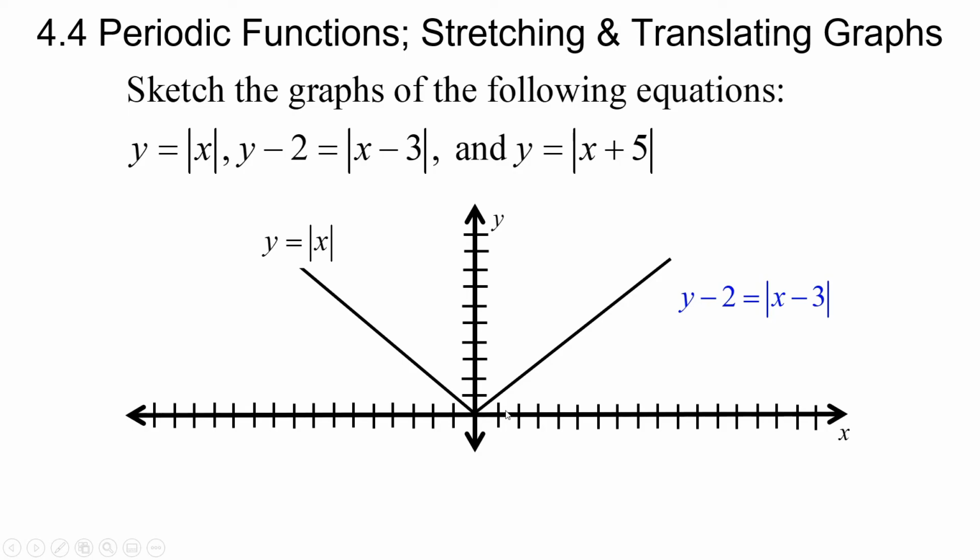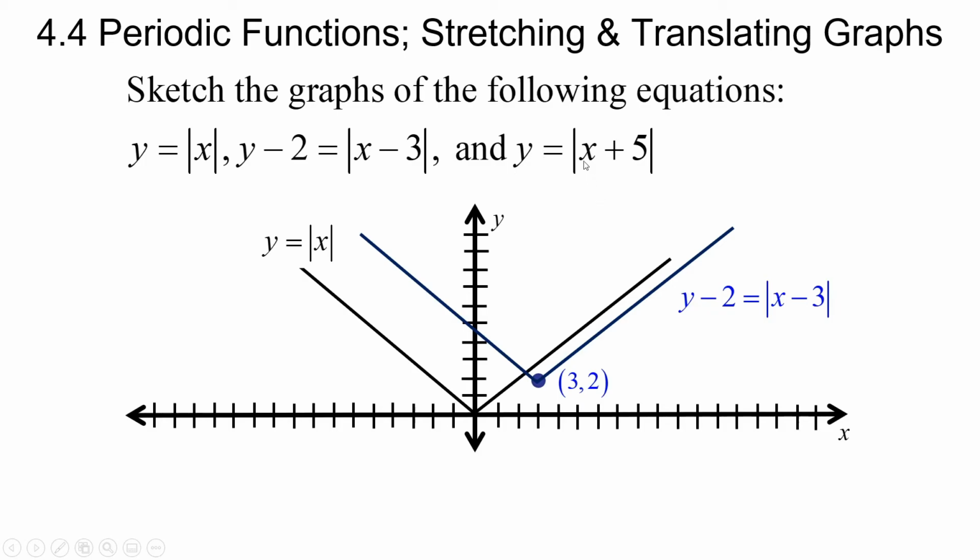Let's just go 1, 2, 3, and then go up 1, 2, and put a point for that vertex right there. Now let's go ahead and draw our absolute V with the vertex at (3, 2). And there it is.